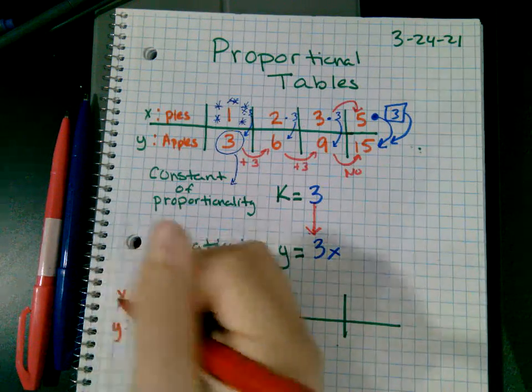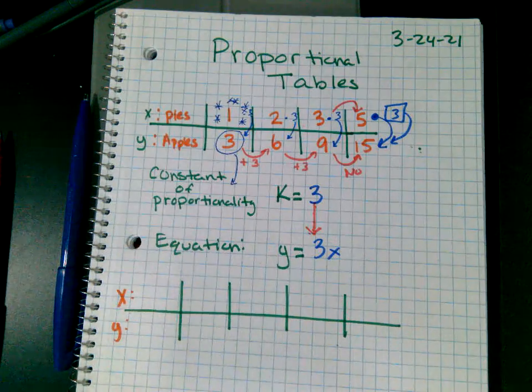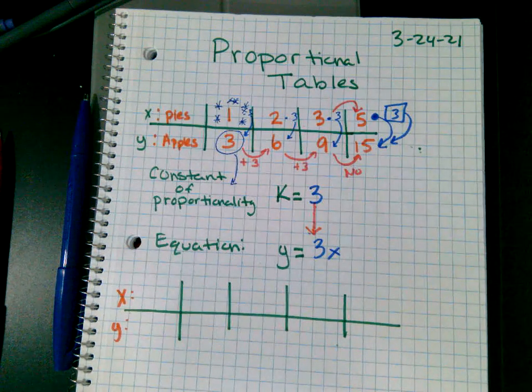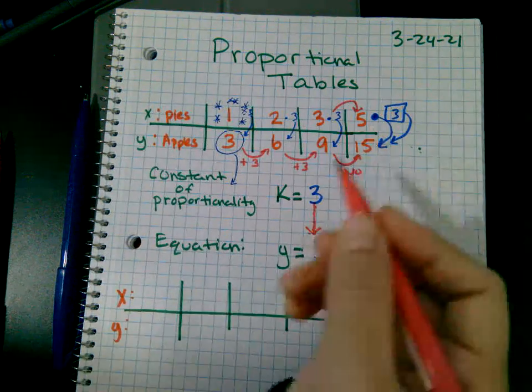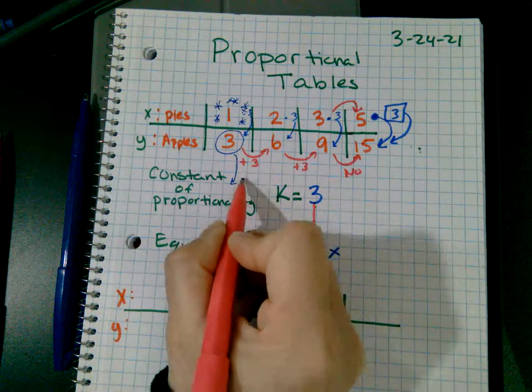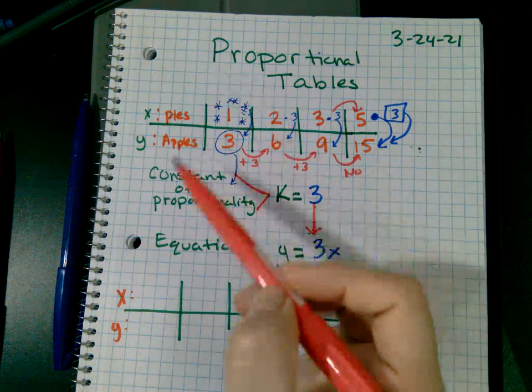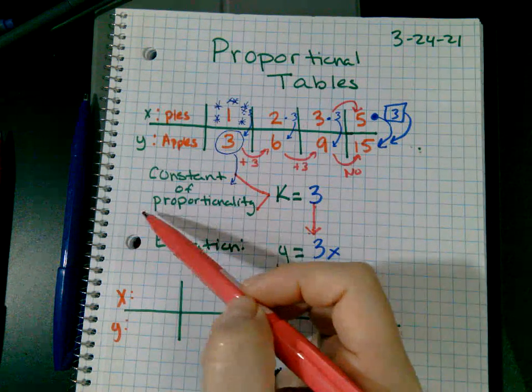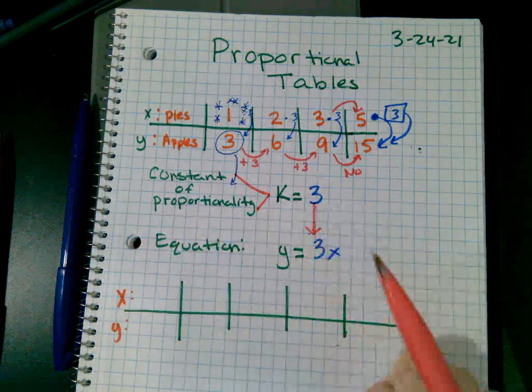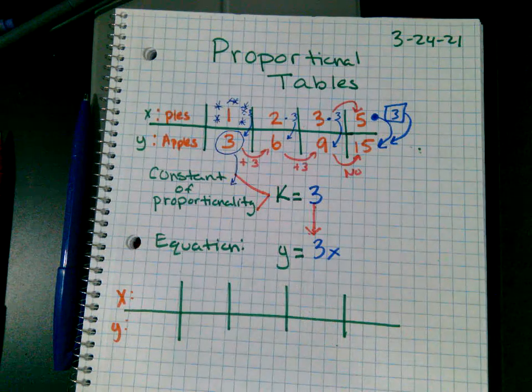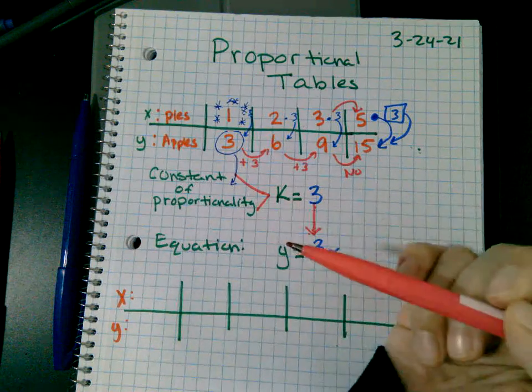X, Y. Let's see, I'm going to make the color K. Okay, I have a question in the chat that says, what does K stand for? K stands for constant of proportionality. They didn't use C and they didn't use P. They came up with the letter K. So don't ask me why it's K, but in seventh grade, they'll use K to stand for constant of proportionality.